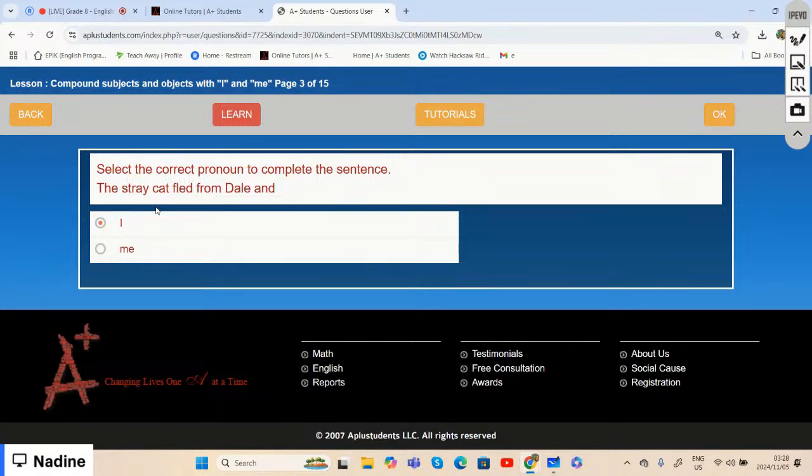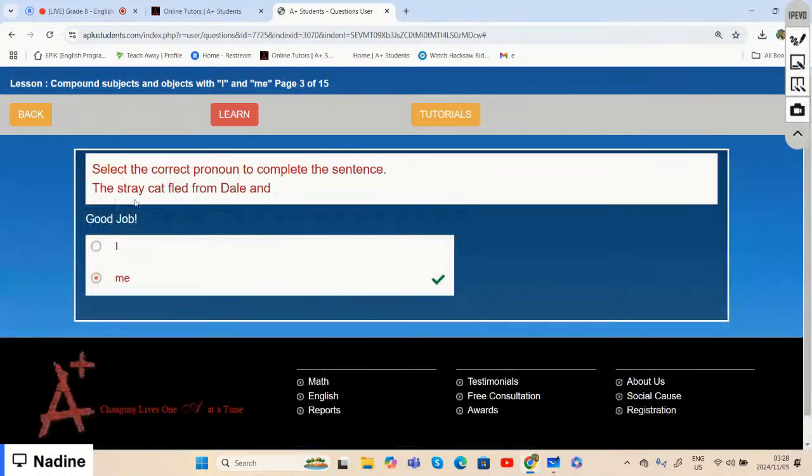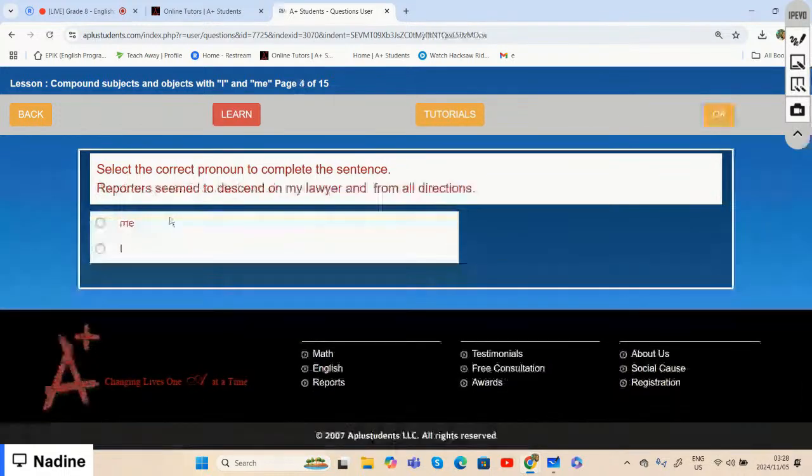The verb here is fled, and from is our preposition. So we can say the stray cat fled from me. If we were to remove the word Dale, then we would say it fled from me. But well done for trying.